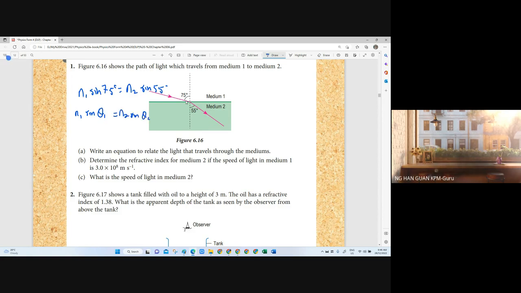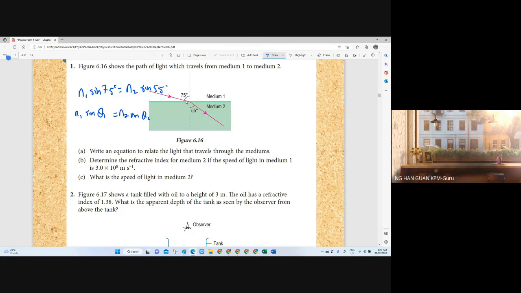After that, you have to declare what n1, theta 1, n2, and theta 2 are. n1 is the refractive index of medium 1. Theta 1 is the incident angle in medium 1. n2 is the refractive index of medium 2. Theta 2 is the refracted angle in medium 2. So you have to declare the symbols.